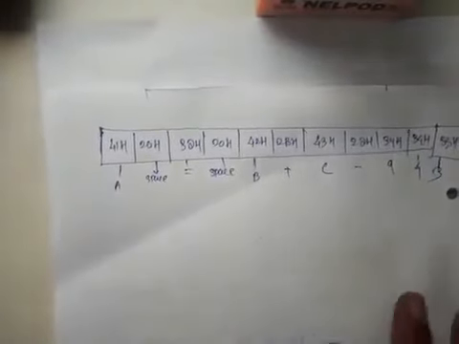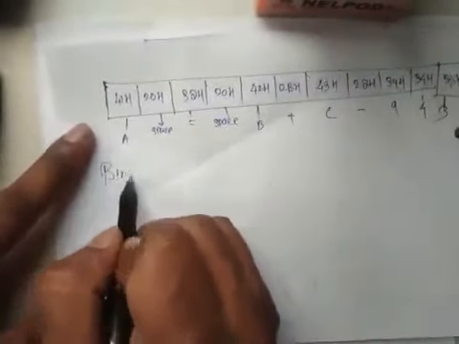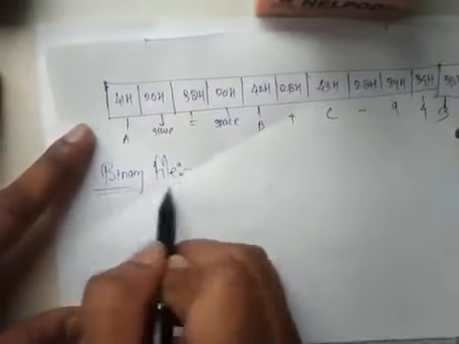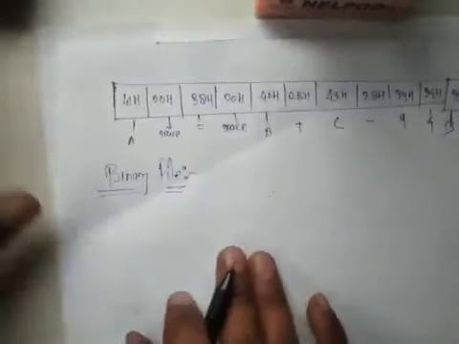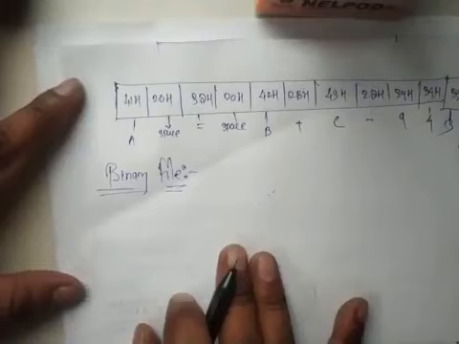Now another type of file is the binary file. The first one is the text file, and the other one is the binary file. A byte consists of 8 bits.